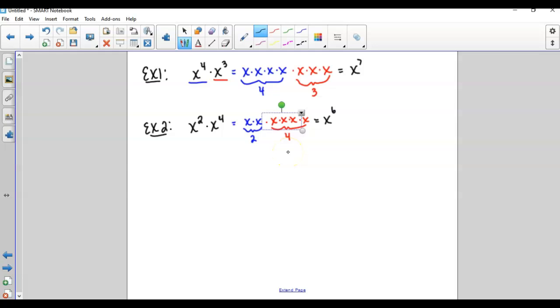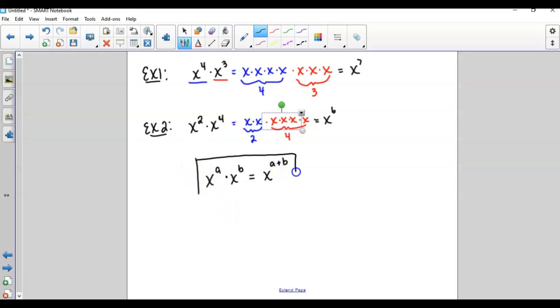So you can start to see a pattern here. Whenever we do these problems, if we have x to the a power times x to the b power, it is going to equal x to the a plus b power.